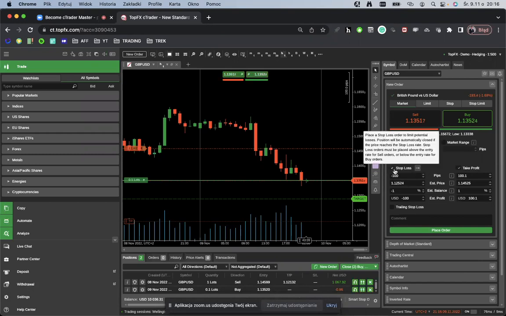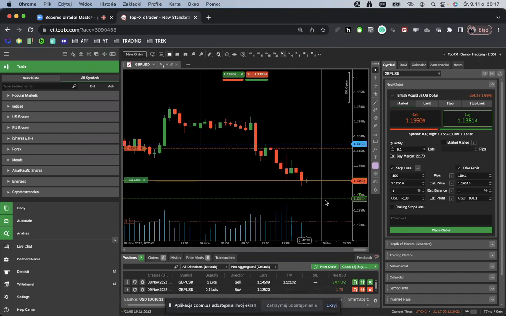So of course, what is the stop loss? A stop loss is, as you can see, the kind of order that will protect this trade from unnecessary losses. As you can see, I got minus 100 pips. The stop loss is always below the trade for the buy position. And as you can see, the estimated price of the stop loss is 1.1250 point something.